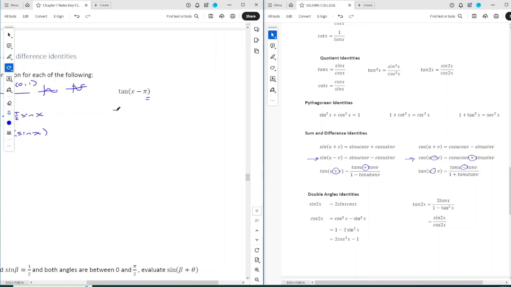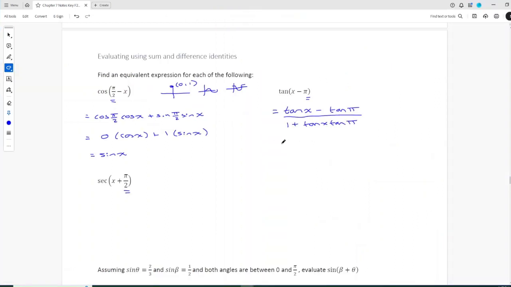So we are going to go tan of the first angle, so tan of x minus the tan of pi, over 1 plus, so opposite sign, tan of x, tan of pi. And then we're going to evaluate. So again, we can't do the x's, but we can do the pi. So when we think about tan, tan theta is opposite over adjacent, which is the same as y over x.